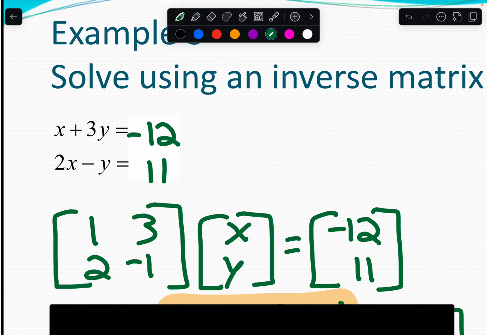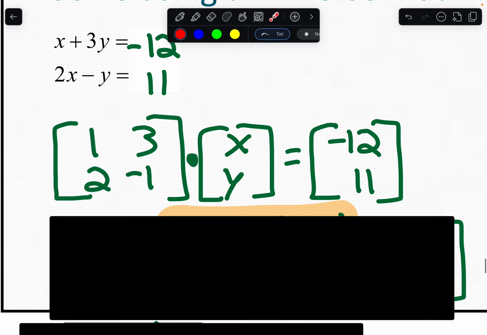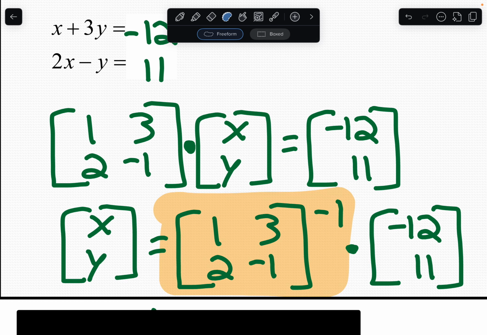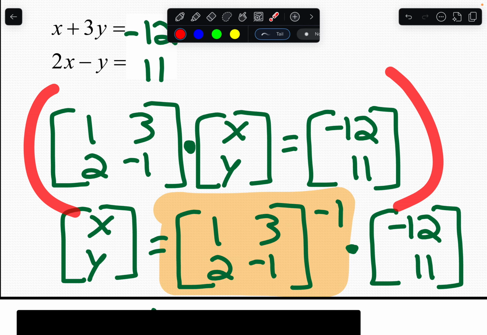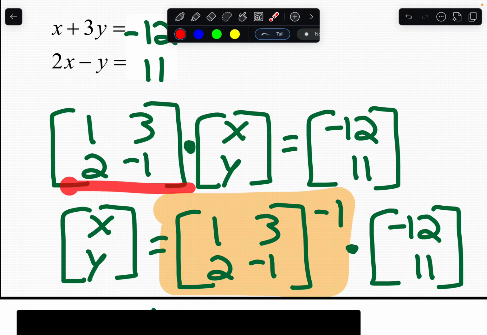These first two matrices, remember, are multiplied together. So how do I get my variables by themselves? I would have to divide, except I can't really divide. But remember, dividing is the inverse of multiplying. So to get this xy variable matrix by itself, on both sides of this equation I'm multiplying by the inverse of this matrix right here, which cancels it out on the left side.